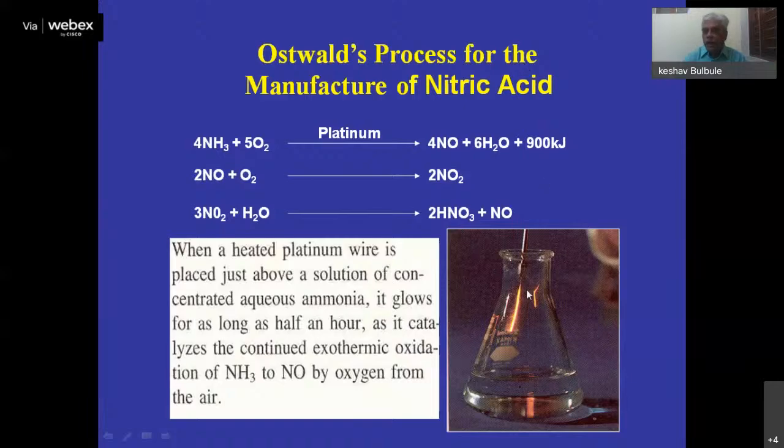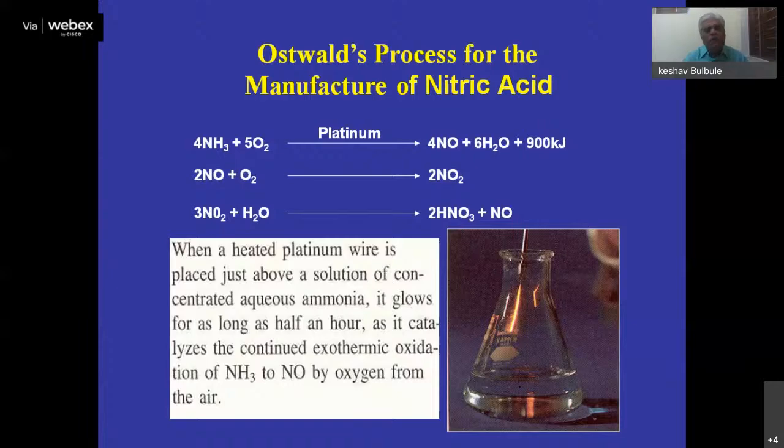Please note, platinum is one of the D block elements. Directly metal is used. There need not be use of any compound. Likewise, we have got iron used in the production of ammonia by Haber's process. We have got iron used in the hydrogenation of oils. We have got nickel used in the hydrogenation of oils.